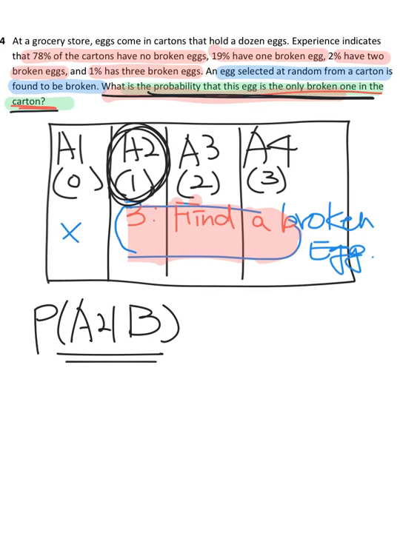Oh my God, one of them is broken, right? What do I need? Oh God, please, this one is the only one. I need a probability. When I found a broken egg, I want it to be the only one. No more. More? No dinner. Okay? So now I need the probability of A2 given B. I need it to be the only one when I found 1 broken egg.